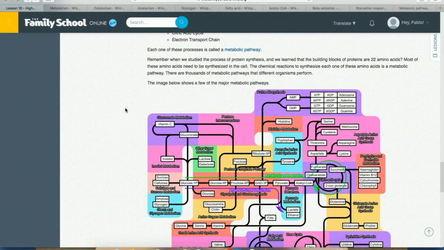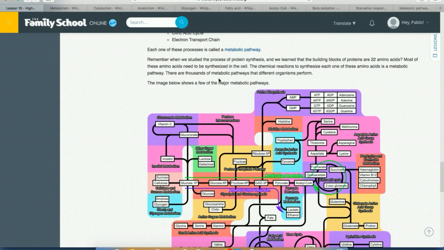Remember when we studied the process of protein synthesis and we learned that the building blocks of proteins are 22 amino acids? Most of these amino acids need to be synthesized in the cell. Okay, the chemical reactions to synthesize each one of those amino acids is a metabolic pathway.